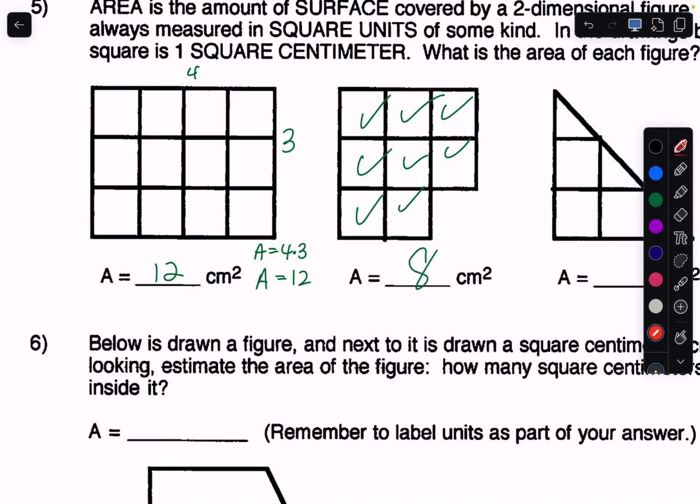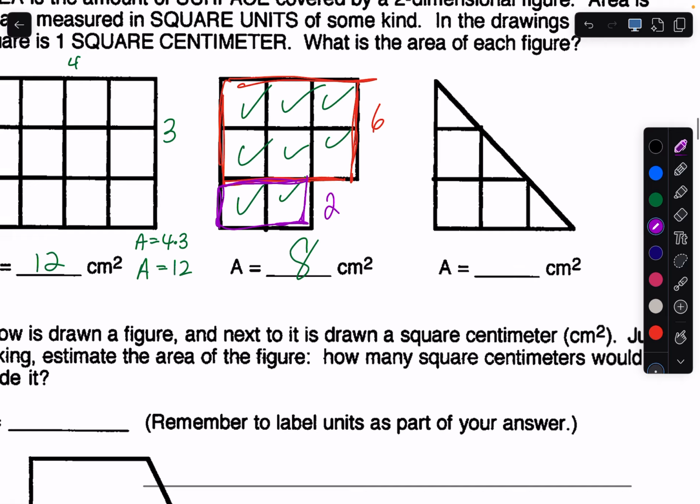Sometimes if it's an odd shape, cutting it into pieces we know. If you think about the fact that this top one is 2 by 3 or 6. The bottom one is 2 by 1 or 2. 6 plus 2 is 8. So again, multiplication can help you do things a little quicker.